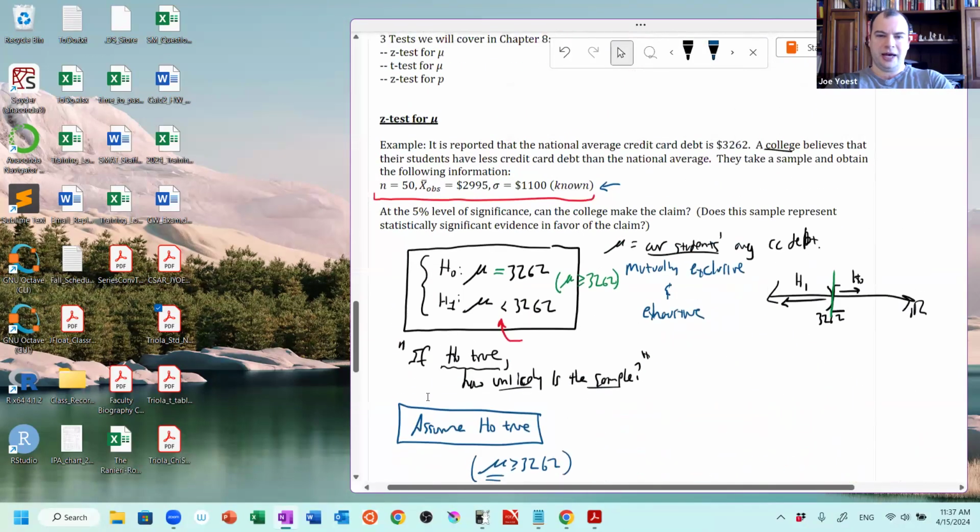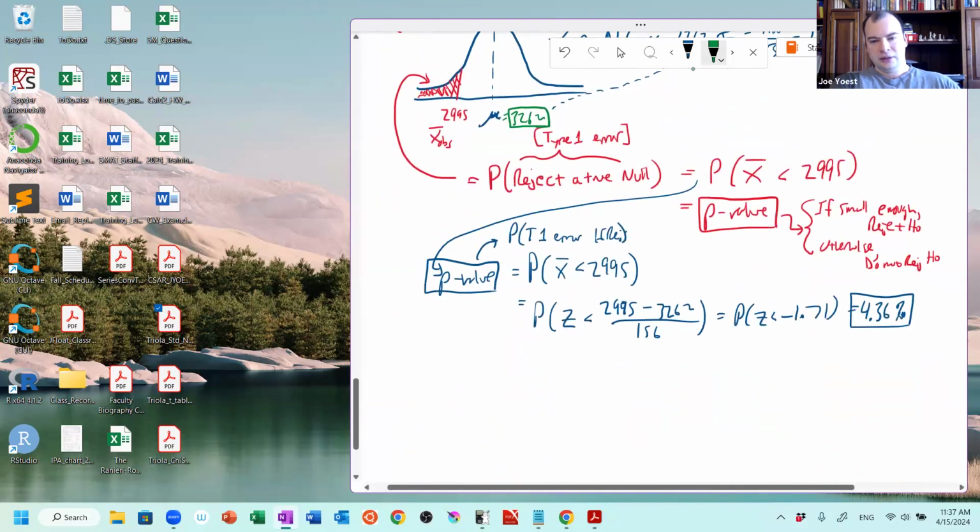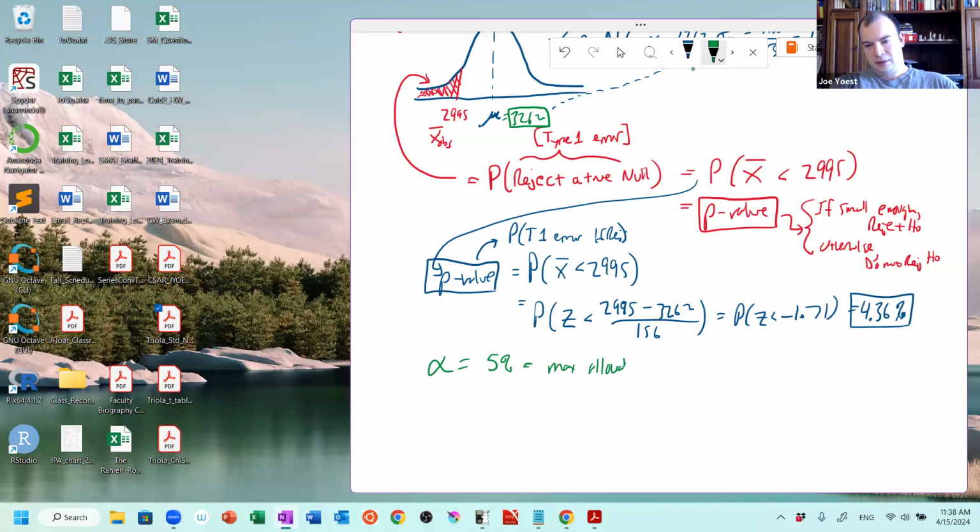There's one piece of information we haven't used yet, and that is this statement here, at the 5% level of significance. So alpha is 5%. It's the maximum allowable type 1 error rate to generate a rejection.